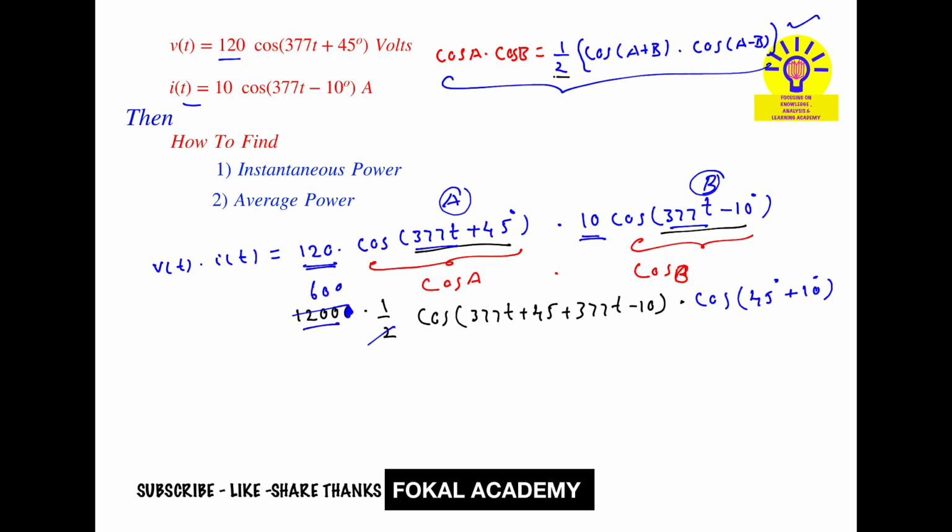So 600 into cos of 754t plus 35 degrees, plus cos of 55 degrees. So this is the instantaneous power.